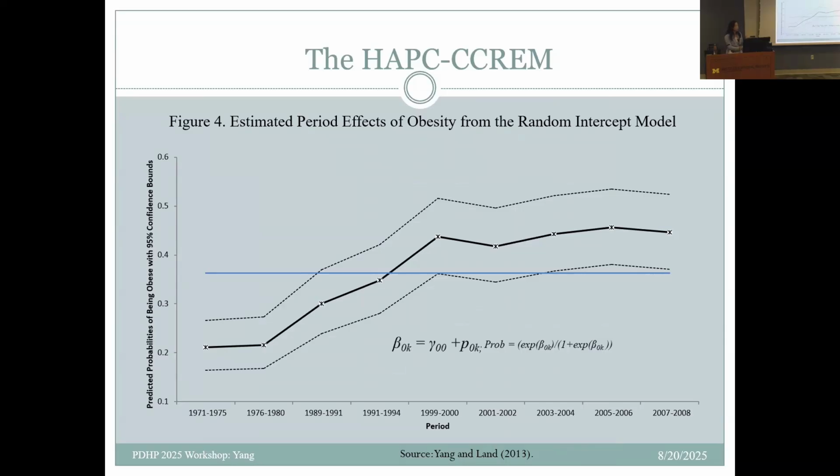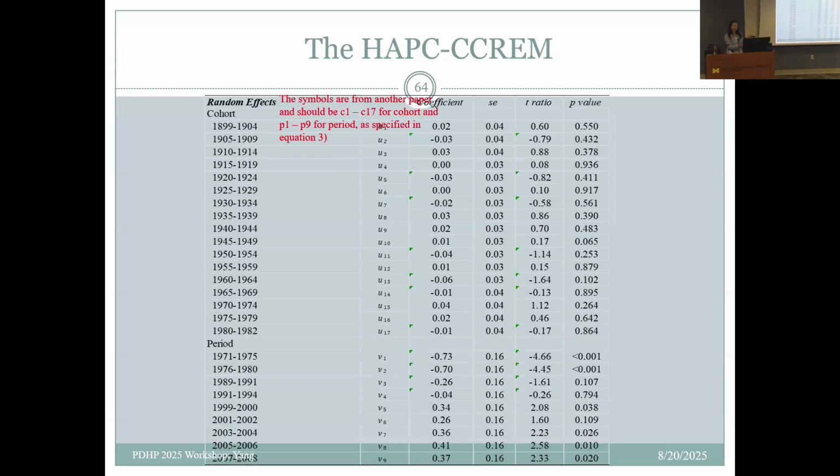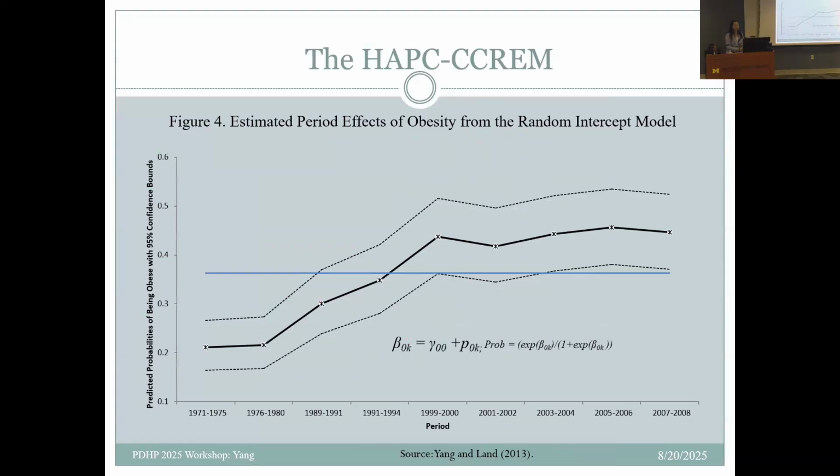I plot these coefficients, and translated these log coefficients into a probability to see more clearly the period trends, because period change is the one that we estimate to be statistically significant. So we focus on the period trends of obesity here.